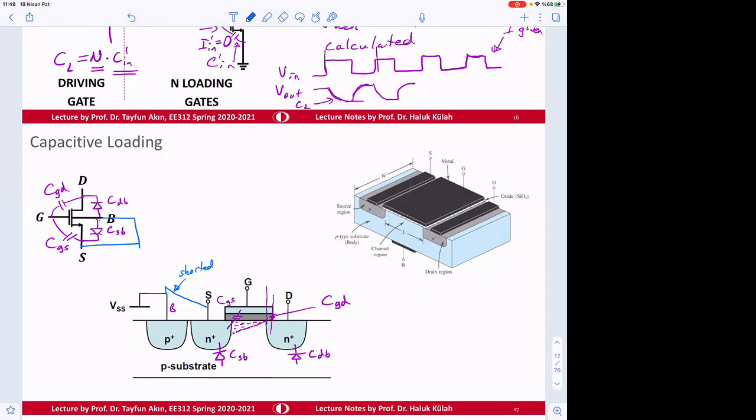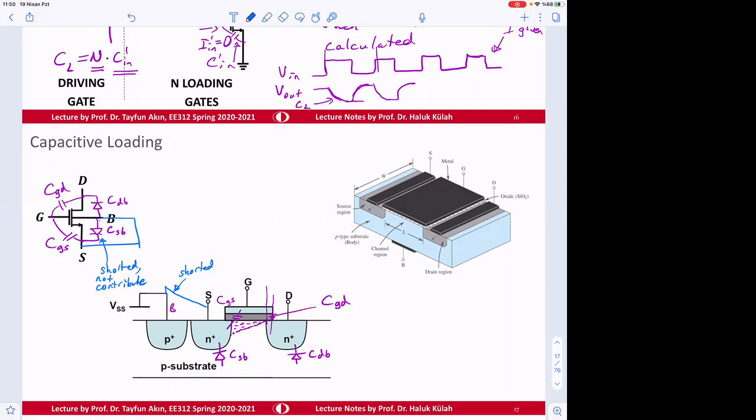It is shorted, so it does not contribute.